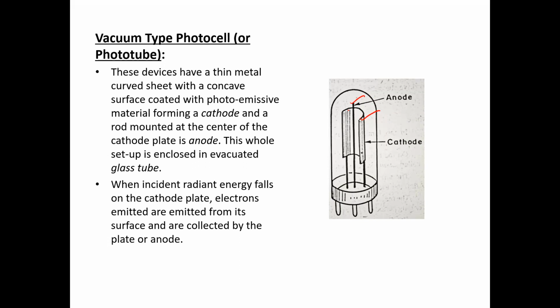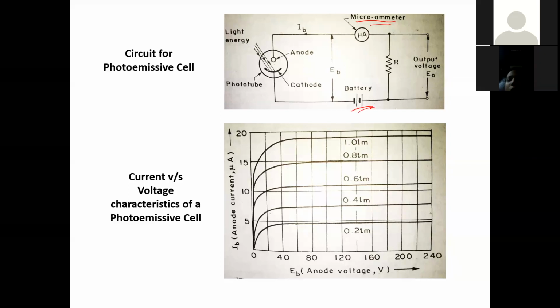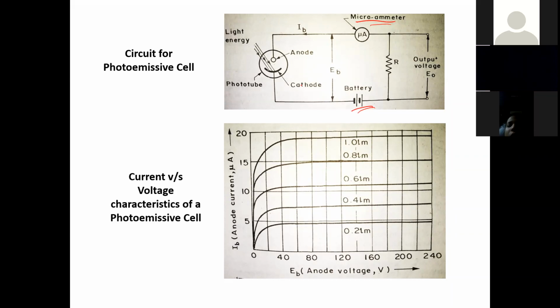This sort of phototube is normally connected in a very simple circuit like this, where the phototube is connected with a battery through a resistor, and there is also a microammeter in order to measure the amount of current flow. It has to be connected with a supply so that there is a potential difference between the anode and the cathode terminals.